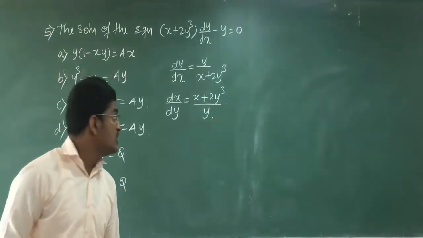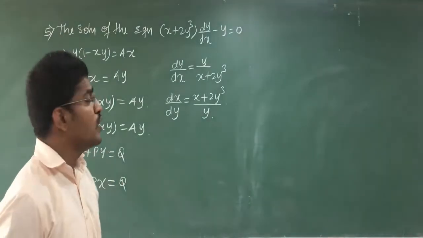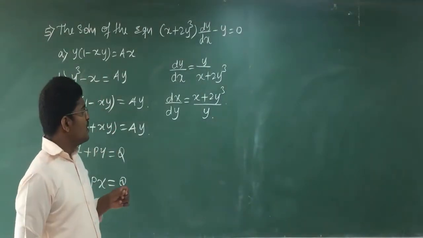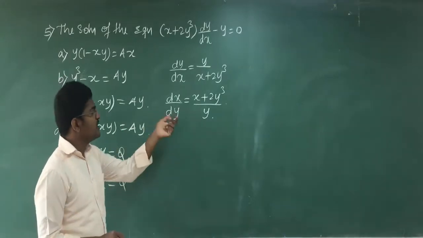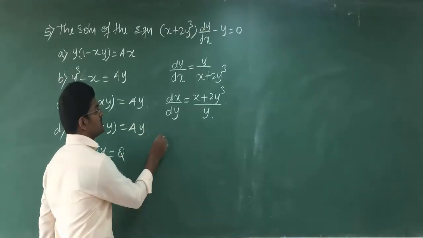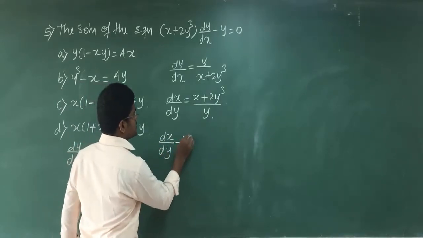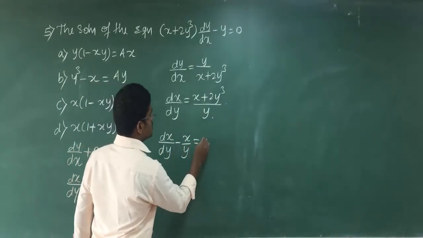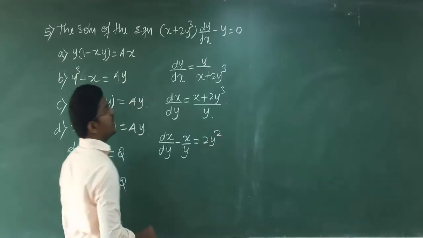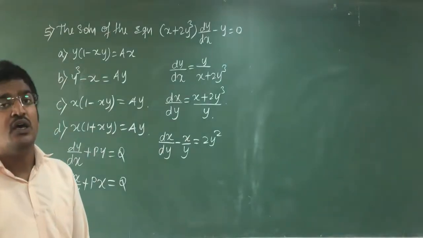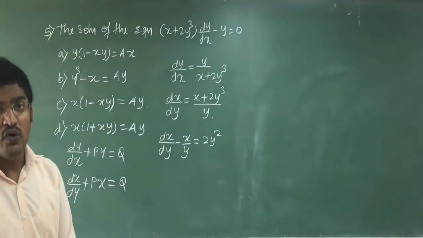Now let us simplify the terms from LHS and RHS. So it will be dx by dy minus x by y equal to 2y square.